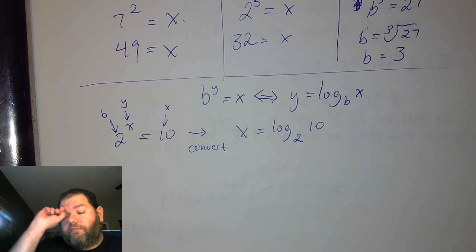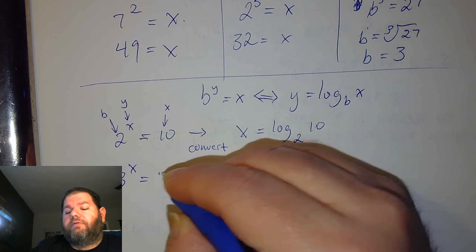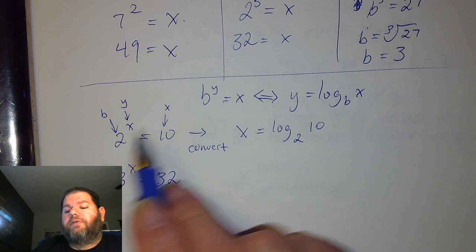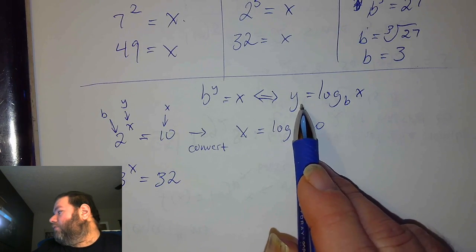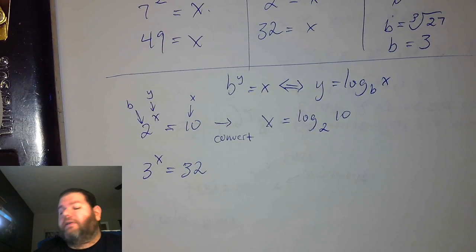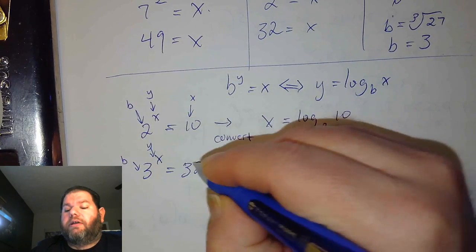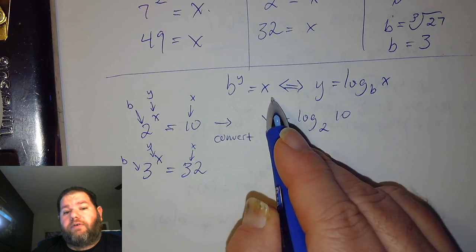Anyway, we'll do one more of those. So 3 to the x is equal to 32. I'm just using this format here. We know that b to the y equals x converts to y equals log base b of x. So if we call this b, call this y, and call this x, we have b to the y equals x, fitting this formula.